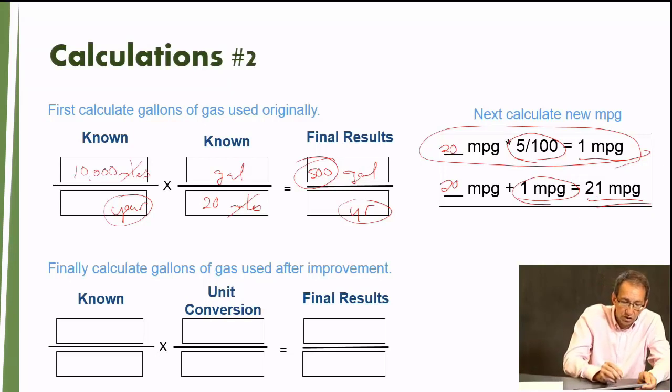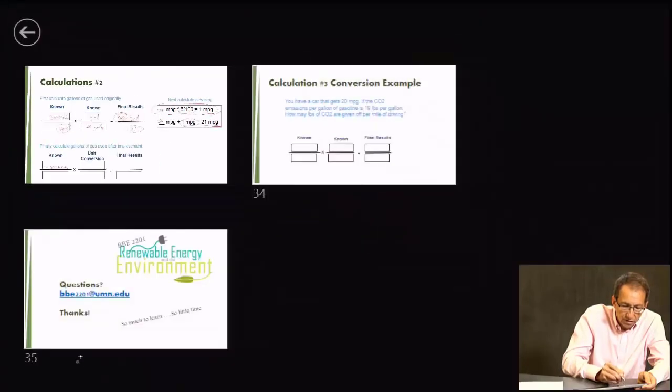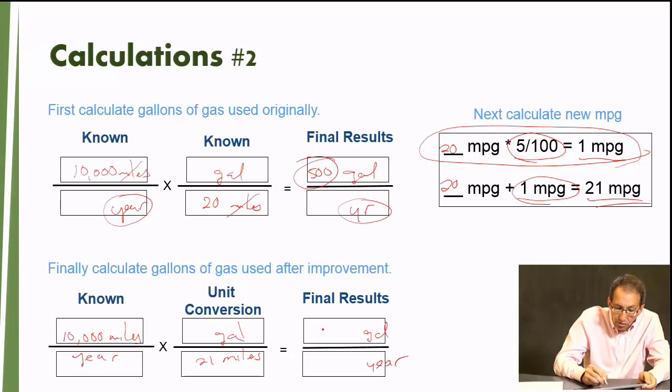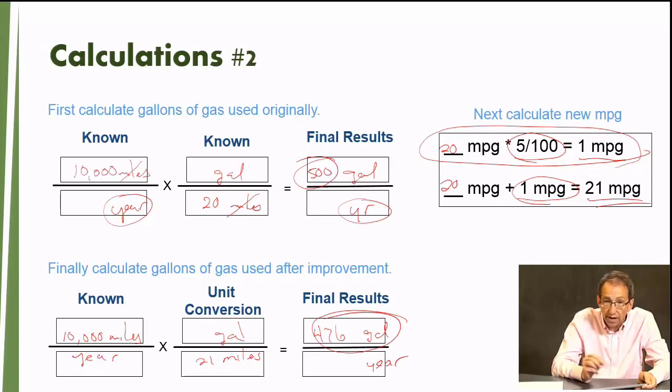So I made a switch. So I can do the same calculation over again, 10,000 miles per year, and my known value is 21 miles per gallon. So I do the math because I'm still getting gallons per year. And my math tells me I'm getting 476 gallons per year now that I have to buy.